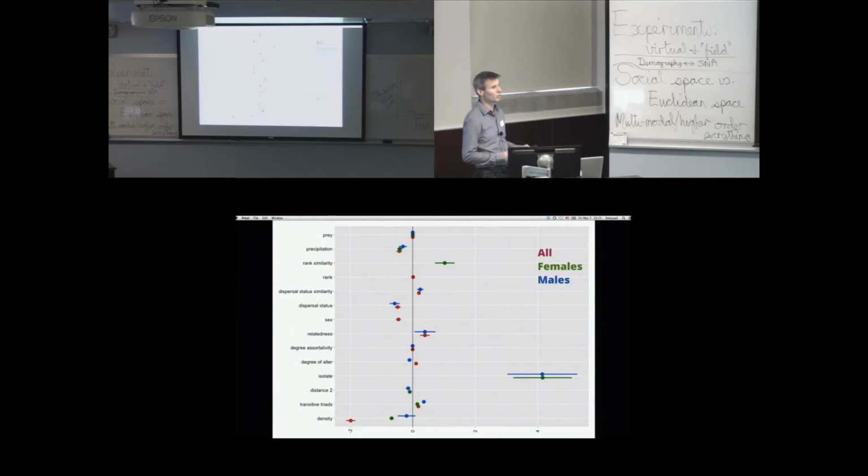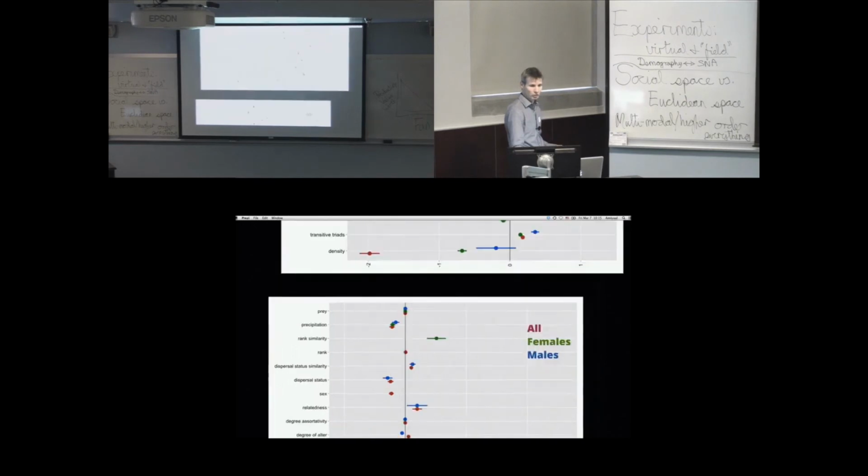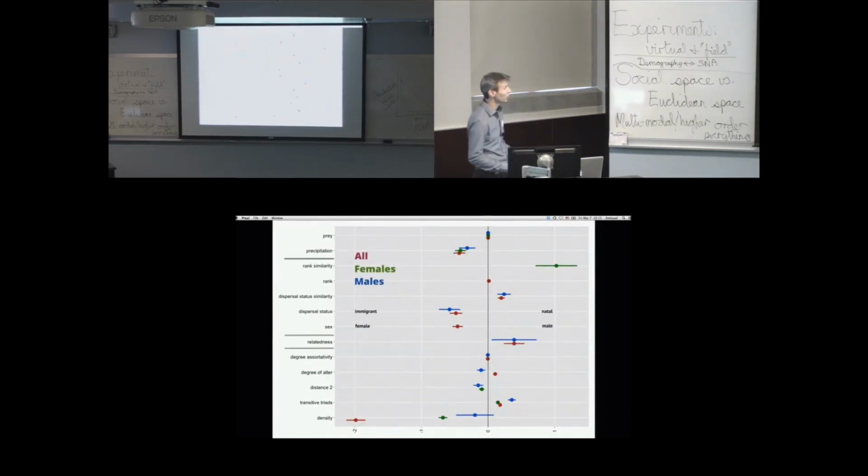It means that they don't have strong connections to any other males or females. And since it masks all the other parameters, I'm removing it from the figure so we can see the other parameters better. So let's go over it. Prey has a very small effect, significant but quite tiny positive effect. So if there's more prey, there is more tendency to connect.